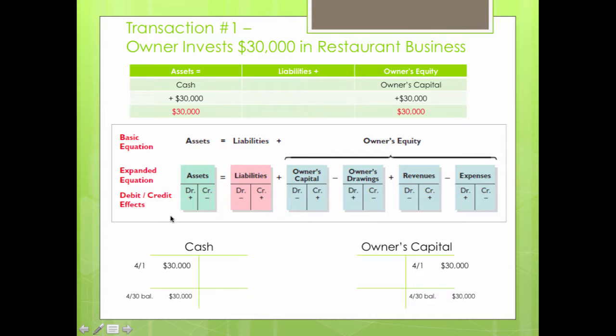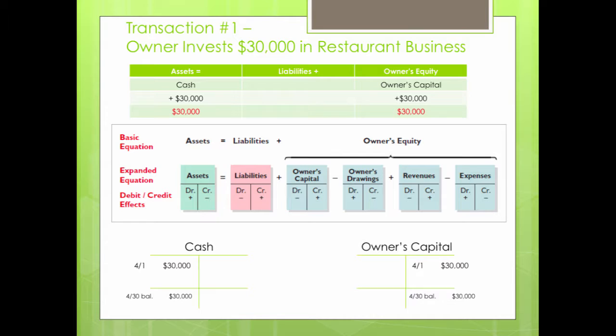So if you look at the assets where cash belongs, in order to increase that account, you need to debit. So we record it as a debit, on the left side of the cash T account. That's what we recorded here on April 1st on the debit side, under the cash T account.